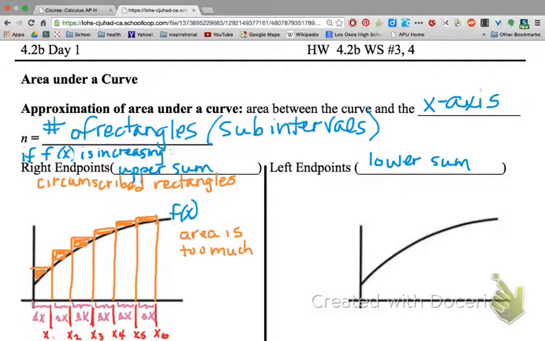And one more piece that I want to add on your diagram is we are looking at the area in the interval A to B. So the area under the curve between A and B. Okay, so now I want to label these y values.